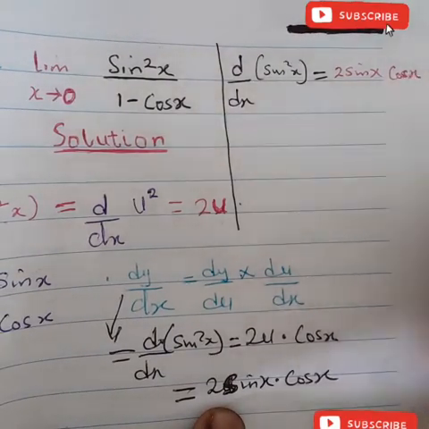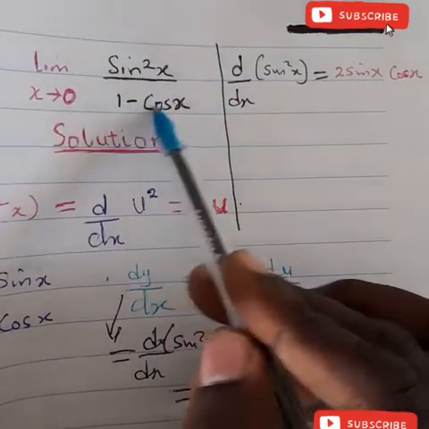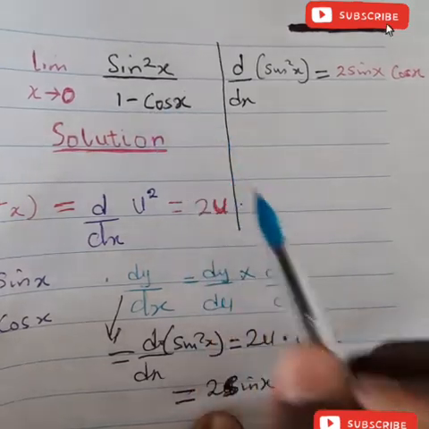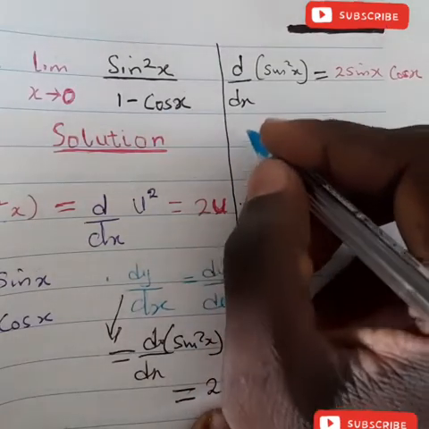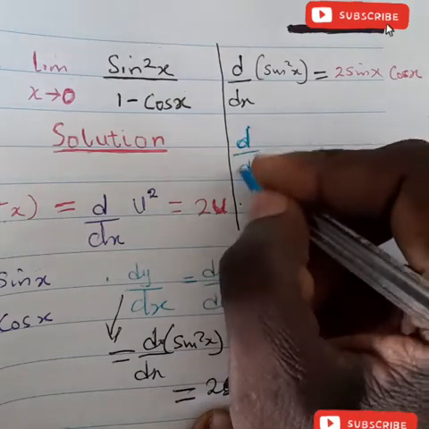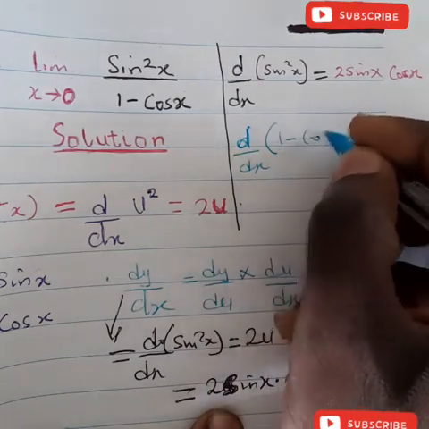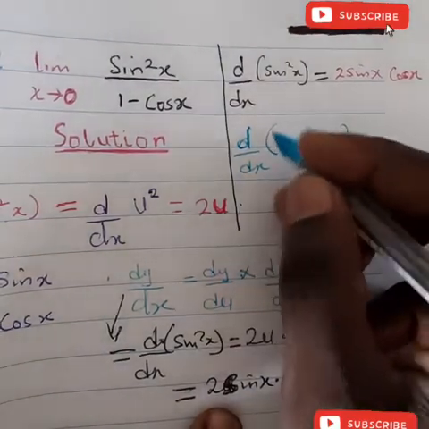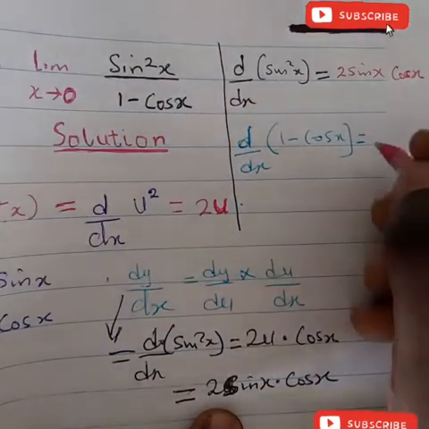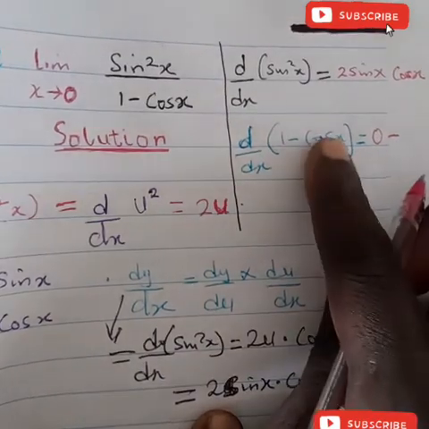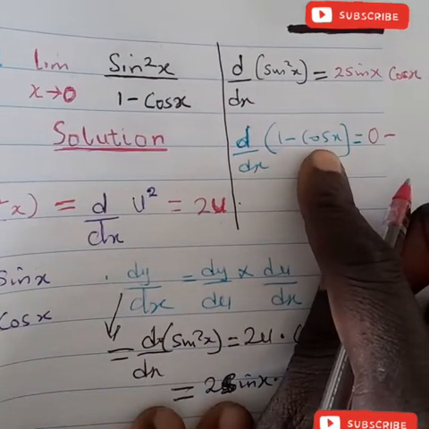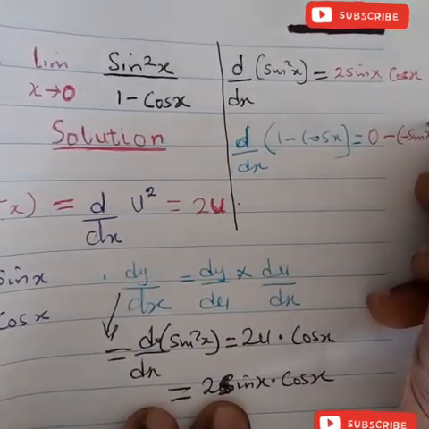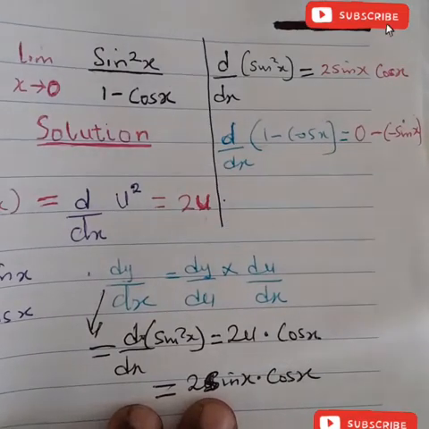Now we're going to differentiate the denominator separately again. By doing that, d/dx of 1 minus cos x is simply going to be equal to, when you differentiate, 0, minus, and when you differentiate cosine, it becomes minus sine x.